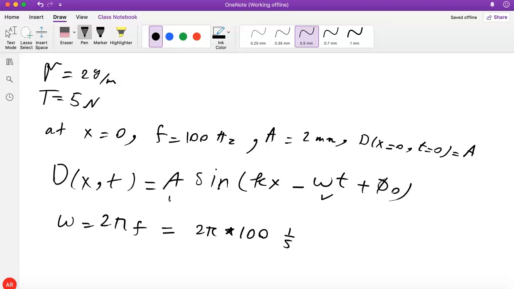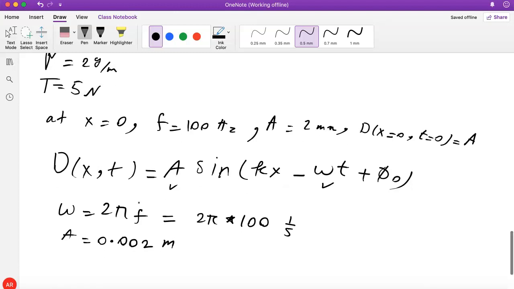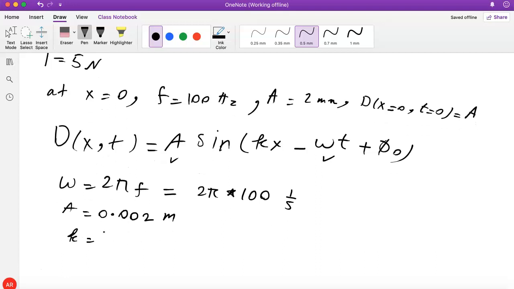A we know it's given to us directly, so A is, let's say, 2 millimeters, that's 0.02, right? 2 over 1,000 of meters. Then what else do we know? So A is good, omega is good. What about K? So what was K? K was 2 pi over lambda, the wavelength.